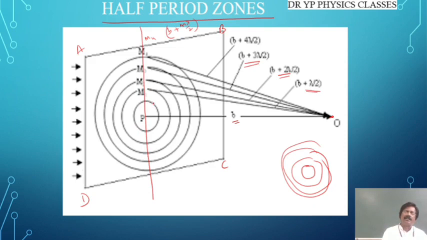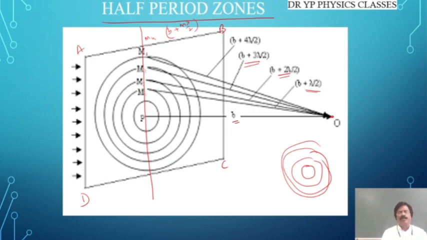It is not a circle, it is an annular ring. Similarly, this one is also an annular ring, and this one too. Therefore, we get different annular rings, that means zones. This is the first zone, second zone, third zone, fourth zone, fifth zone, like this. It is divided into a number of zones.